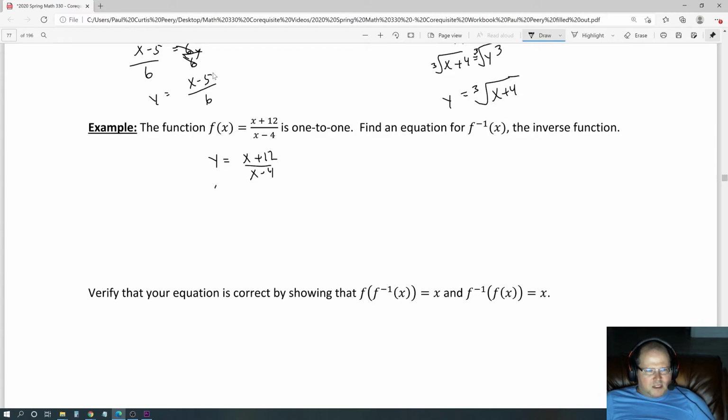Next, I replace the y with x and all the x's with y, so it becomes x equals y plus 12 over y minus 4. Next, I don't want this y minus 4 to be down here, so I'm going to multiply both sides by y minus 4, not x. Whatever I do to one side, I do to the other.